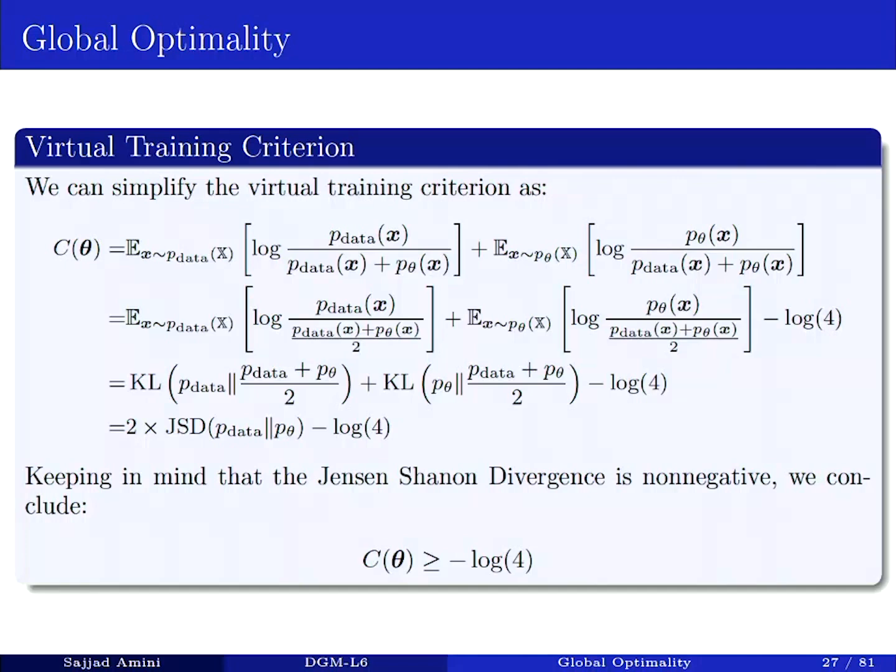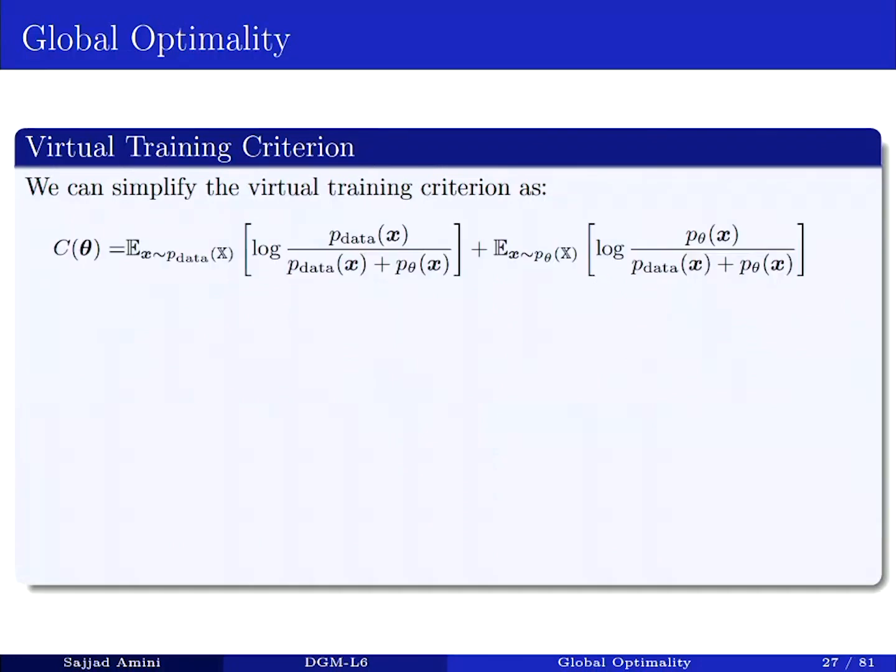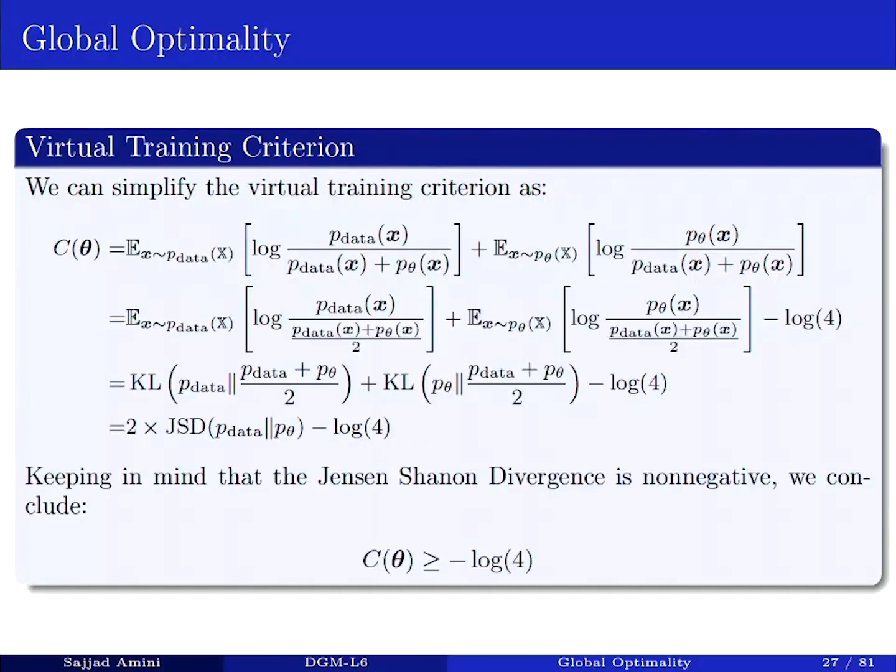Because in this derivation, we assume that you can consider the optimal discriminator, which is not realistic in practice. This is just a justification of why this divergence or this distance can be a good option for training. But if you have a large enough capacity in your discriminator and you have a great optimizer, then you can consider approaching this C theta in your training.